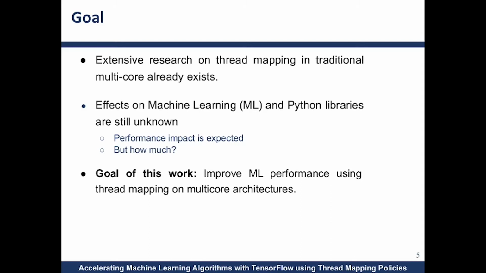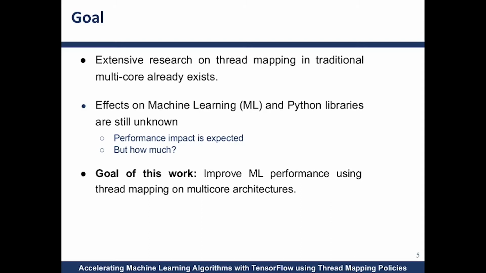And while many works already explored thread mapping policies with traditional multi-core applications, it is still unclear what we can expect when we change the thread mapping policies of machine learning applications, here specifically TensorFlow machine learning applications. So we don't know clearly what we can expect by changing policies and by how much we can either increase or decrease performance. And this is the main goal of this work.